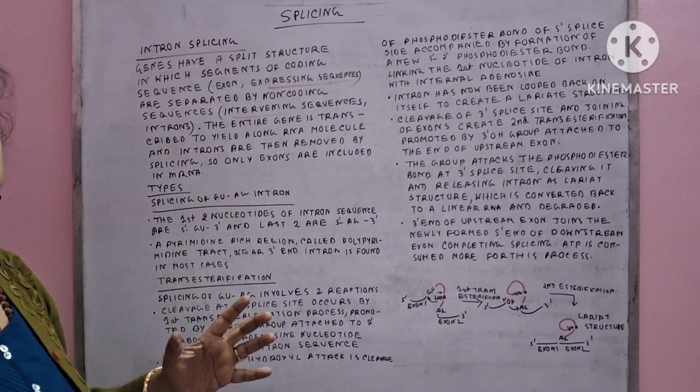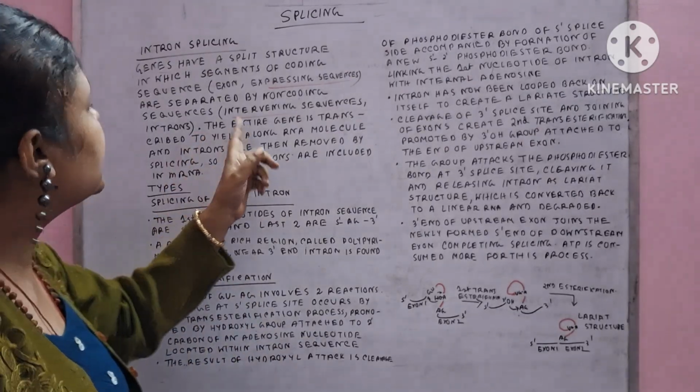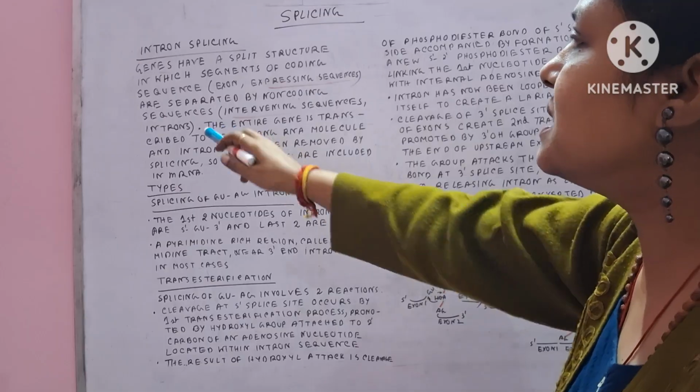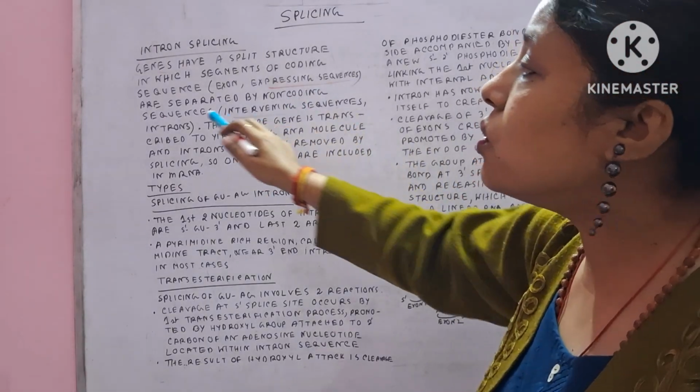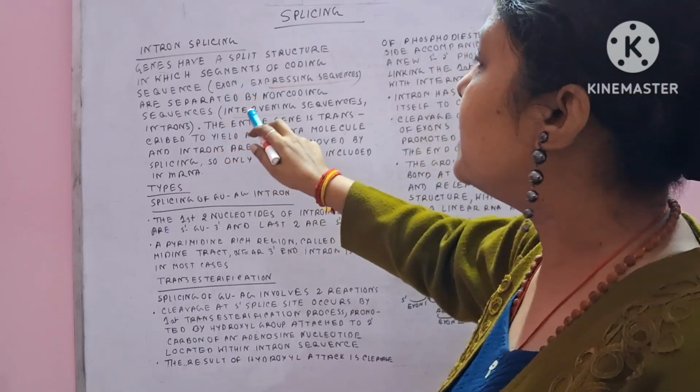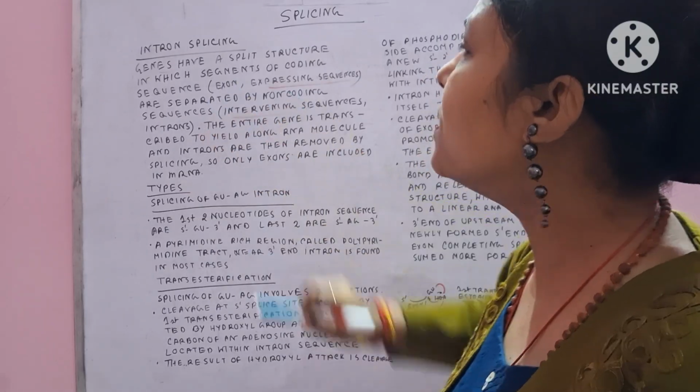So exons are the coding sequences and introns are the intervening, non-coding sequences.